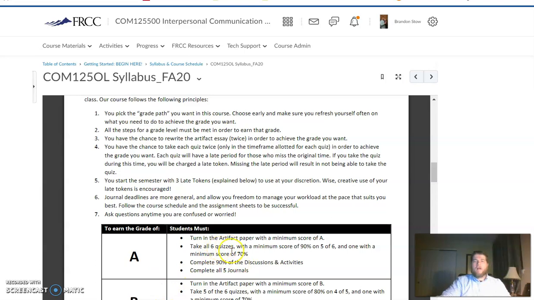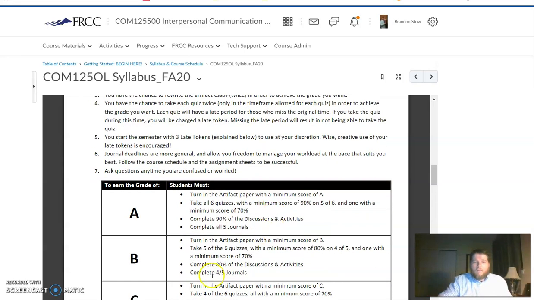Let me tell you a little bit about how these quizzes are going to work here. Now, if you want an A, you have to take all 6 quizzes. If you look down a little bit further, for a B, you take 5 of the 6, and the standards aren't quite as high. The way the quizzes work is this. You have the opportunity to take each quiz 2 times within the time frame that is allotted.